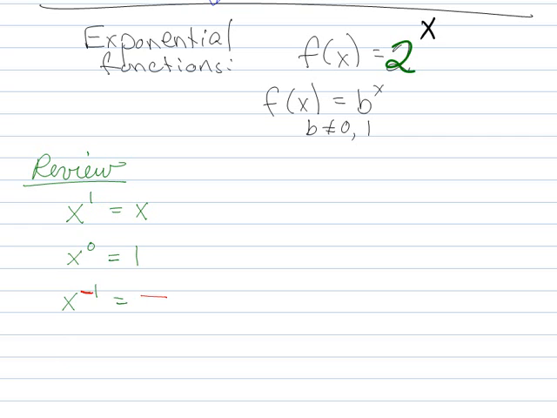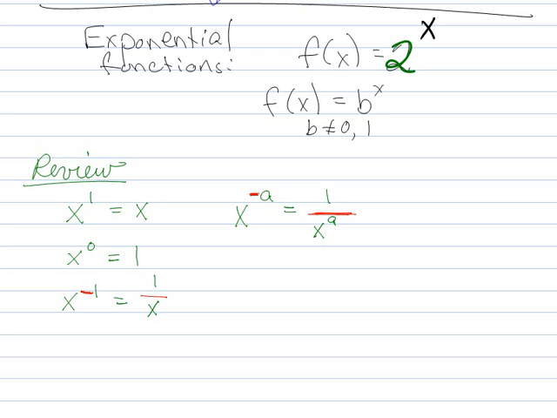That means we flip it. So x to the negative 1 is really 1 over x. A more general version is that x to the negative a is 1 over x to the a. Basically, the negative sign in front of the exponent means that you flip it, and you can get rid of the negative sign after you flip it to the bottom.